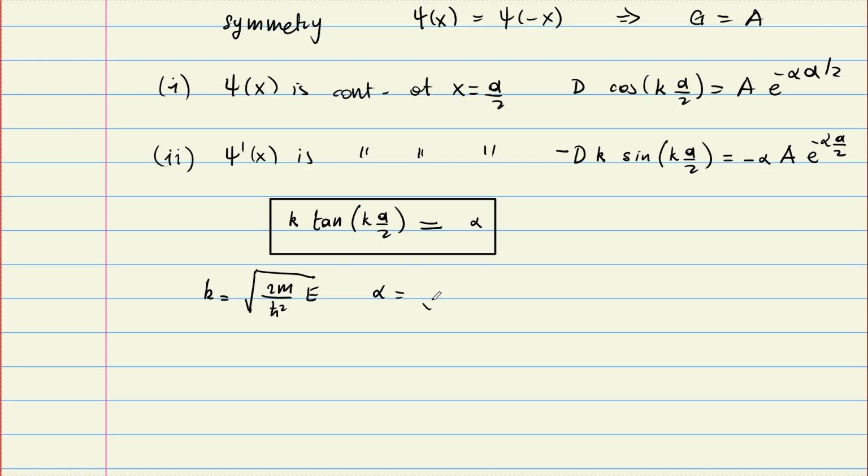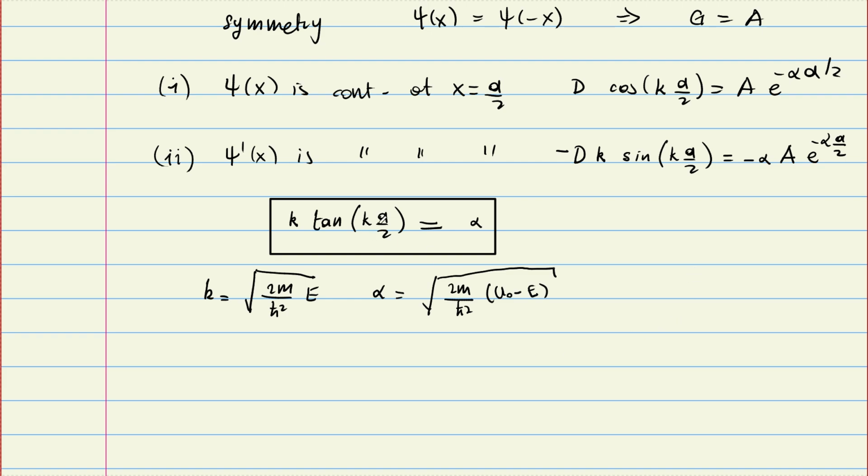Alpha was defined as 2m over h bar squared u0 minus e, and we are trying to find e, right? We found everything else. Our last piece is to find the allowed values of e.